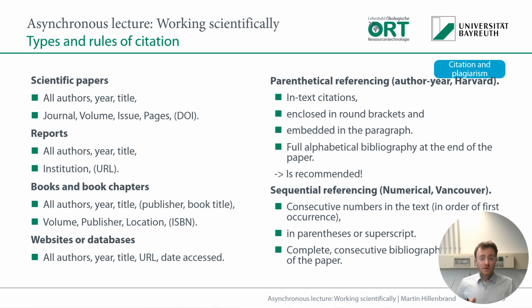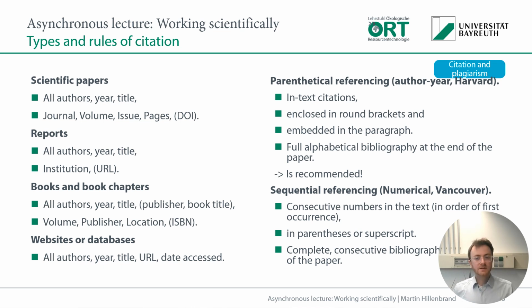On how to reference and how to do all of this citing, there are mainly two different styles. One is parenthetical referencing, also called the Harvard style. Mainly you use the author and the year within the text, as an in-text citation.